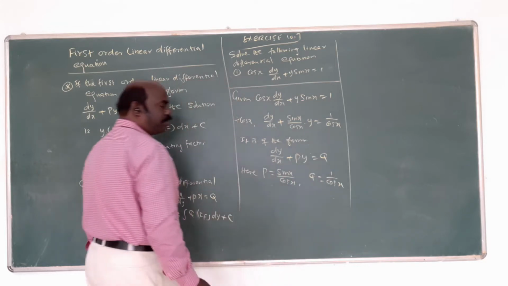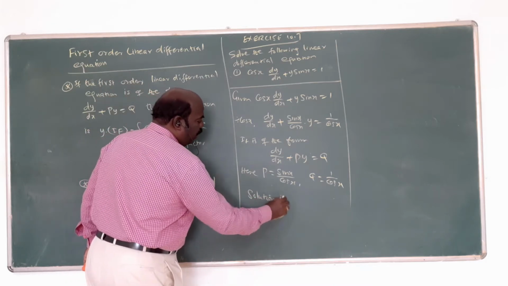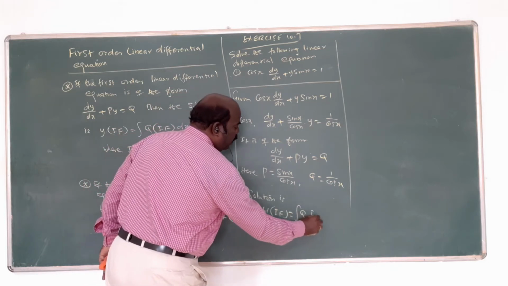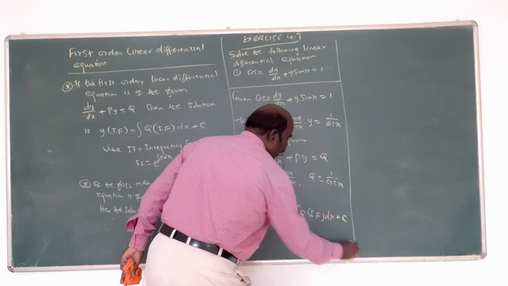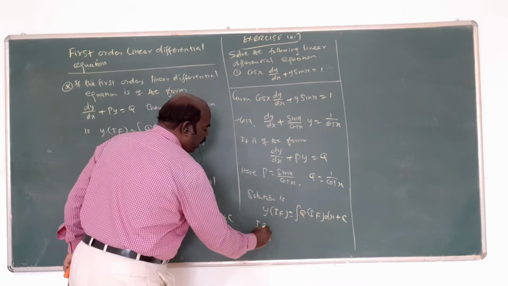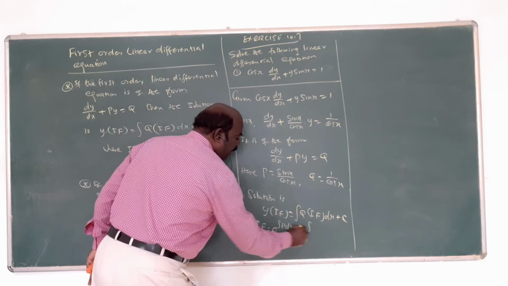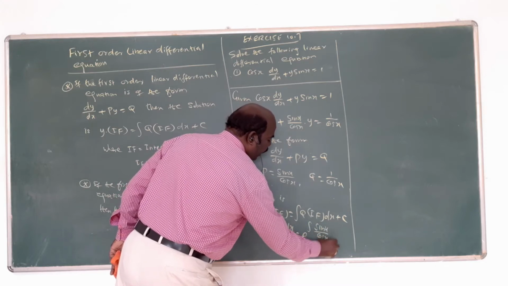Now the solution: what is the formula? y into IF equal to integral of Q into IF dx plus c is the formula. Write the formula clearly. We want IF. IF is e power integral P dx, and we already found P is sin x by cos x.